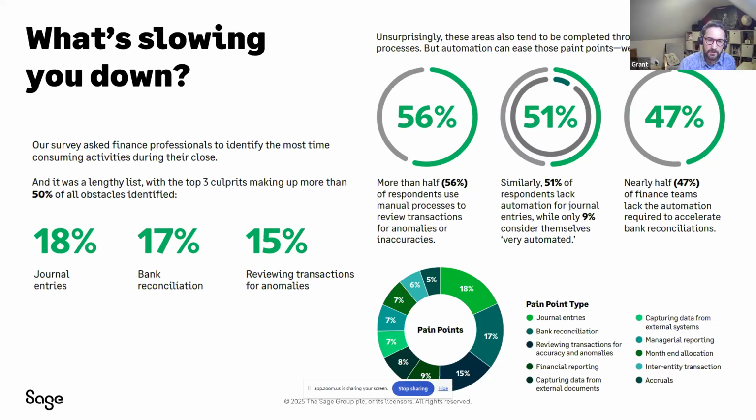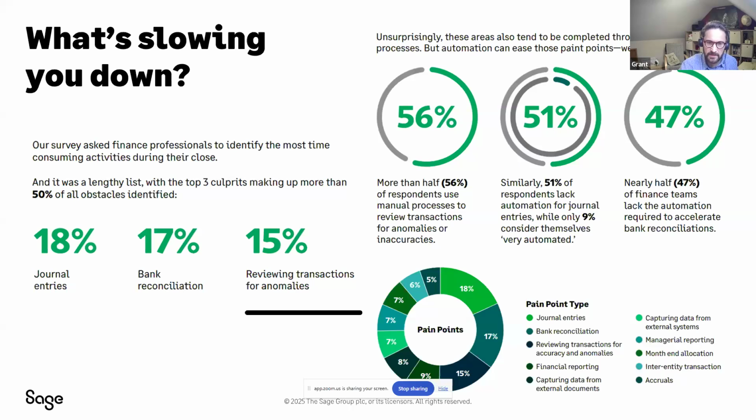Transactional bottlenecks are also a major contributing factor to the delays being experienced by finance teams. This includes month-end tasks like processing of journals, also bank reconciliations, so being able to connect and pull live statement information through, and also reviewing transactions for any anomalies.